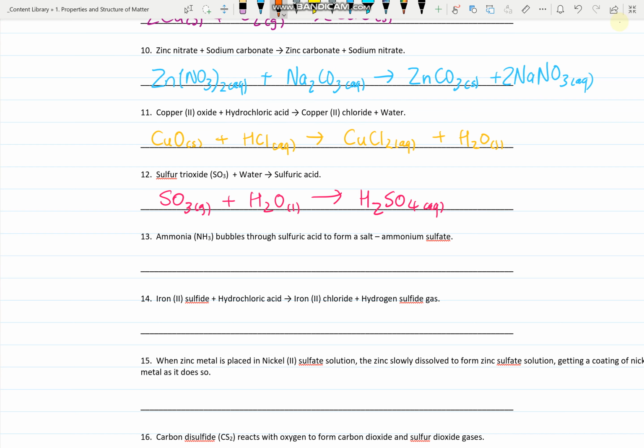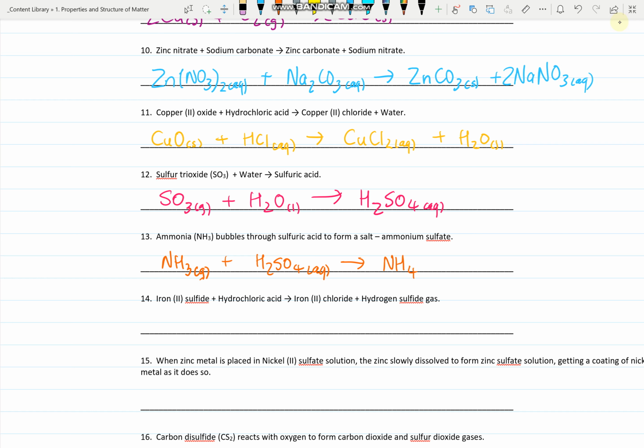NH3 bubbles through sulfuric acid to form a salt, ammonium sulfate. So NH3, gas, bubbling tells you it's a gas. H2SO4 is water with stuff in it, aqueous. And you make ammonium sulfate.